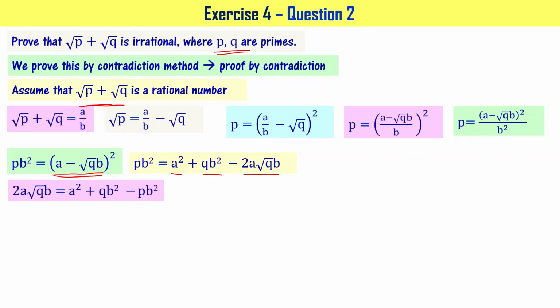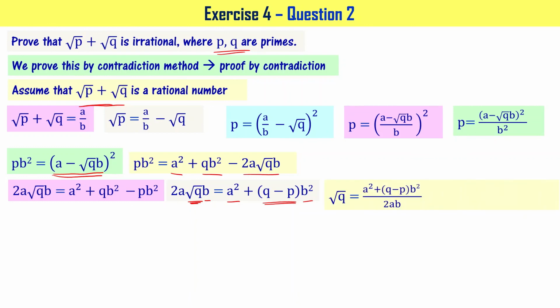You can rearrange this equation and write it as 2a times square root of q times b equal to a square plus (q minus p) times b square, right? Now let me keep square root of q on one side and the rest of the equation onto the other side. When you rearrange, I can write it as square root of q equal to (a square plus (q minus p) times b square) divided by 2ab, right?